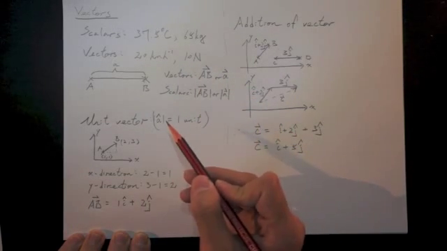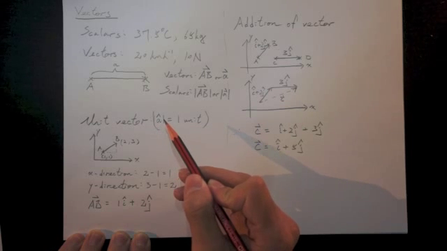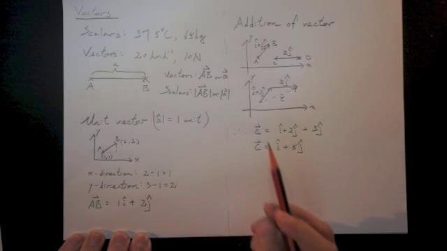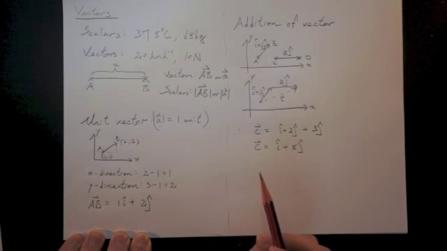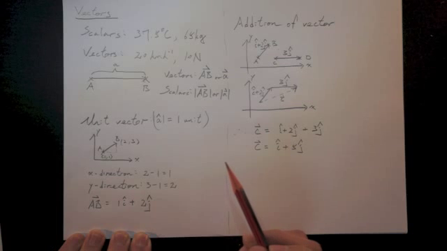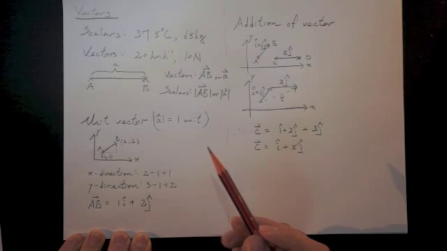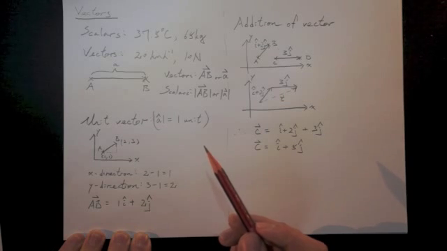A vector may be represented geometrically by a directed line segment or an arrow whose direction represents the direction of the vector and whose length represents the magnitude.